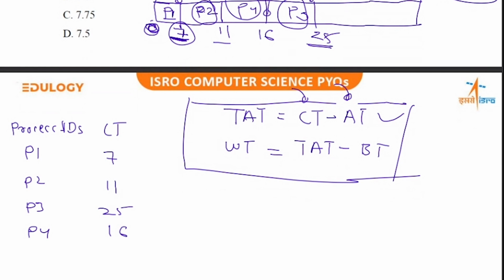Now what we have to do? Arrival time. P1 arrived at 0, okay, we know that.